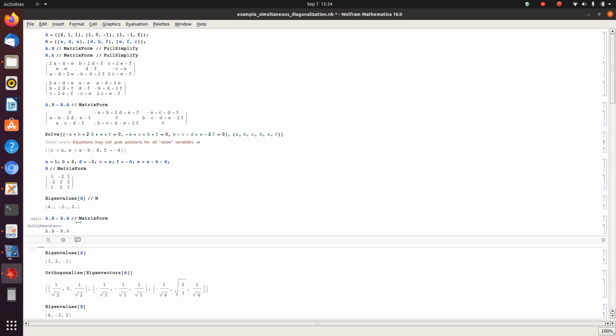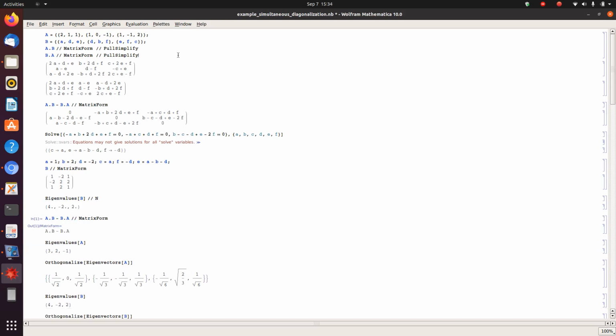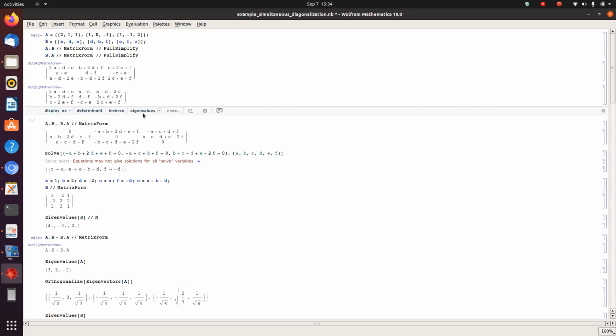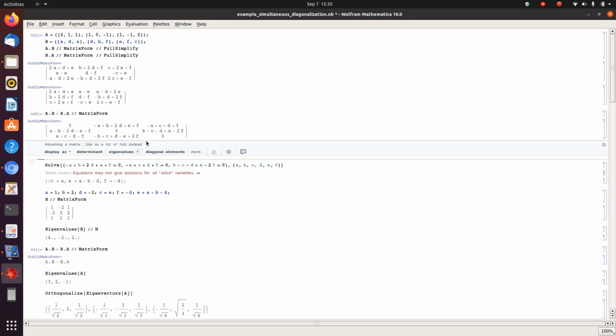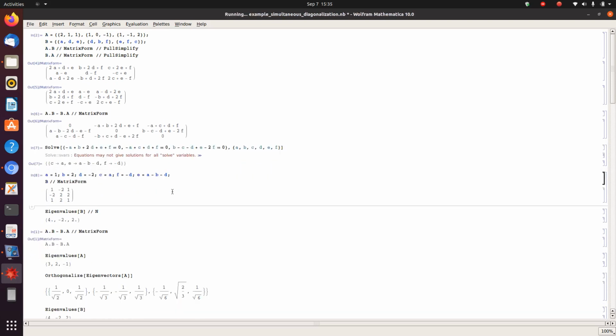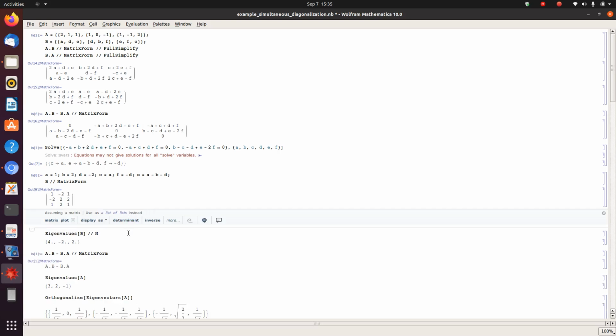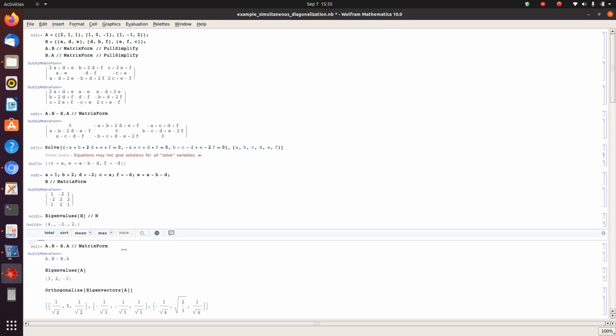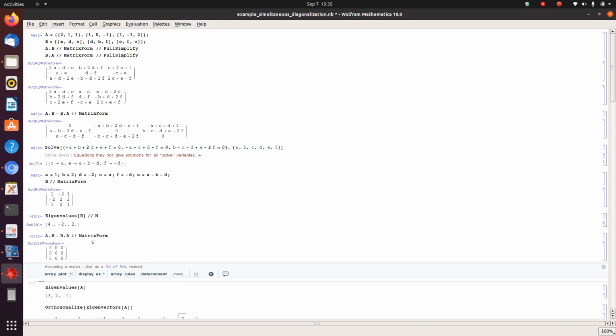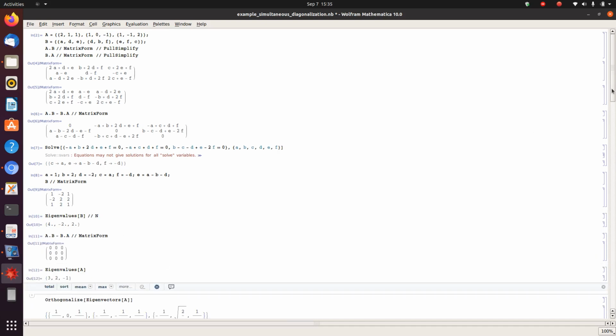So, they are indeed commuting. Let me do that algebra once more. This is 0, and the eigenvalues of A are also what we specified there.